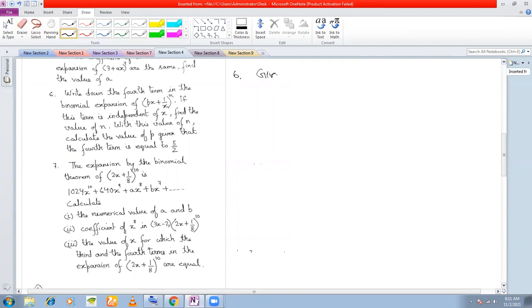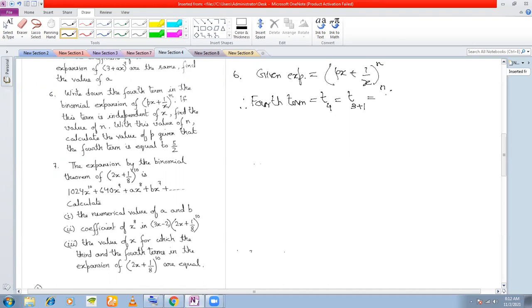So the given expression here is px plus 1 by x to the power of n. You need to write down the fourth term. Therefore the fourth term, T4, is equal to T3 plus 1, right? So r here is 3.